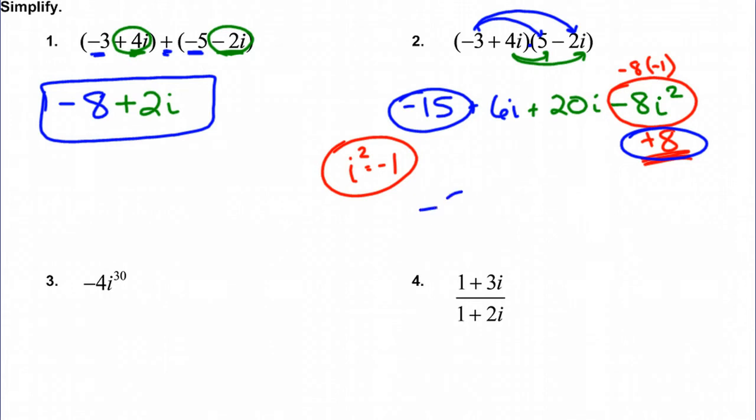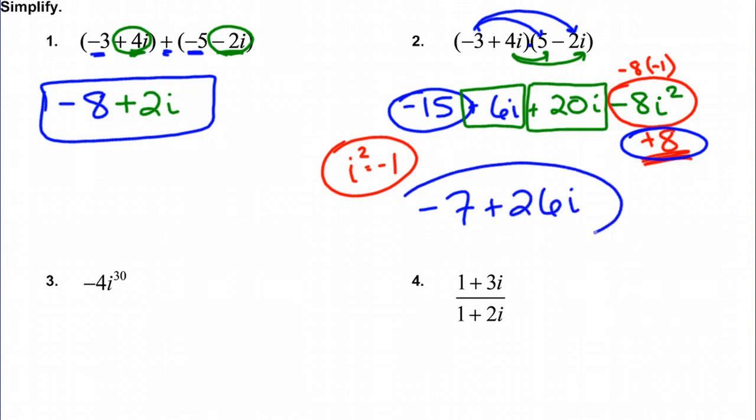It makes -7. -15 plus 8. And then we have a positive 6i and positive 20i. Those are going to go together and they make positive 26i. So that is the answer that we get.